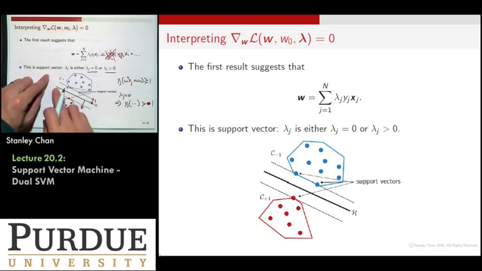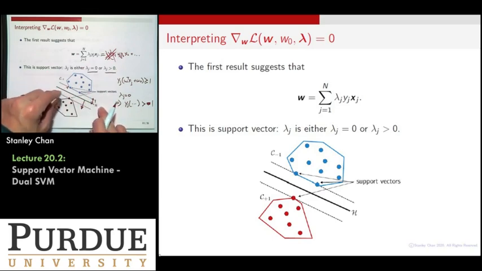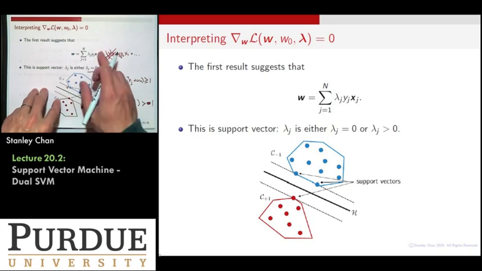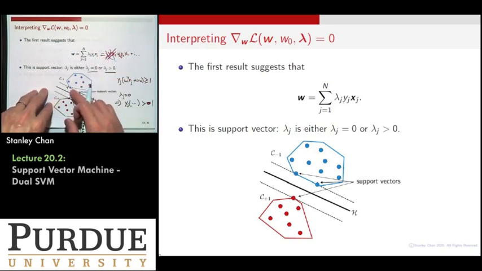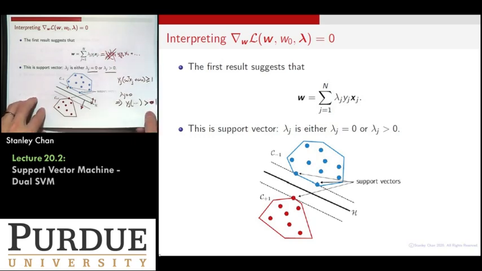And therefore, your decision boundary is going to be defined only by a few of these support vectors. It's not going to be defined by the rest. It's only going to be defined by these support vectors. So that is the key.